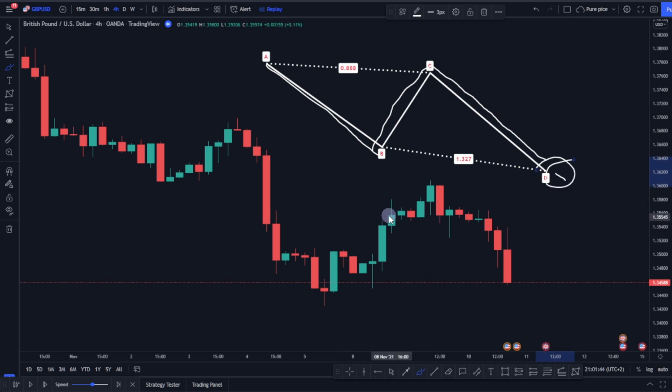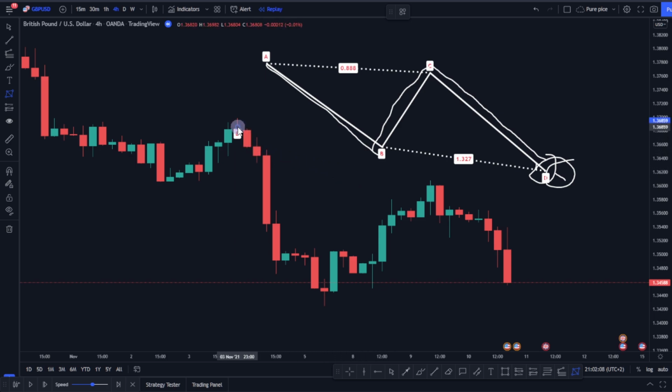Now I'm going to illustrate on the chart. Your entry point will be the D point, where you're going to be finding your entry opportunity. For example, if you are trading in a downtrend, you're going to be placing it like this. You place your A point here on this high. Let's say you have the recent high, you have to then go to the previous one.